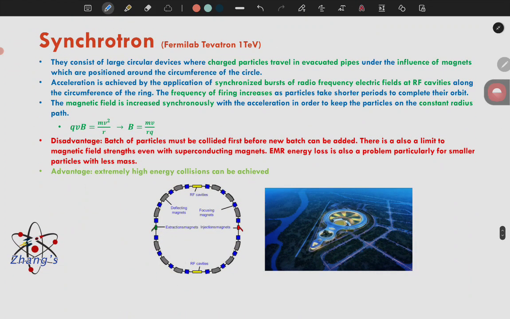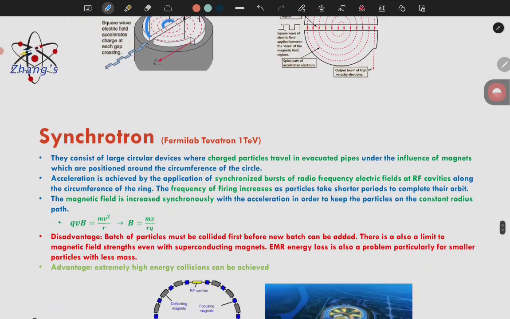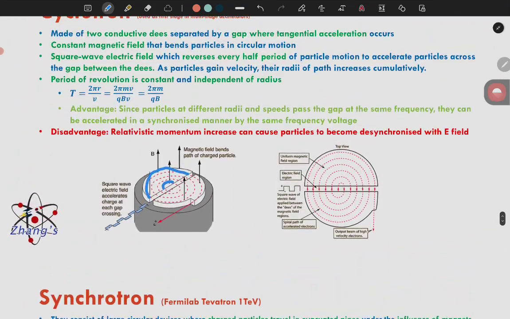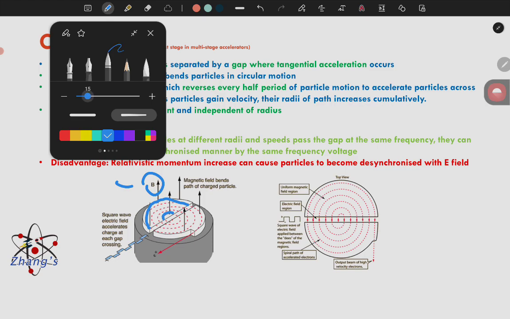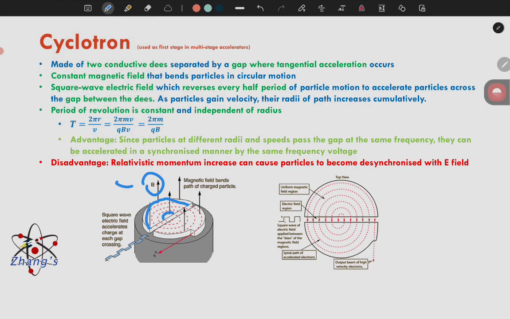The synchrotron is very similar to the cyclotron, but the main difference is that in a cyclotron the magnetic field stays constant, doesn't change, and what changes is the radius of the path.